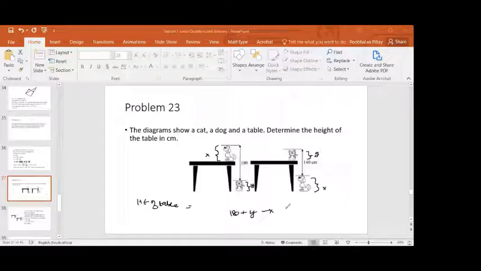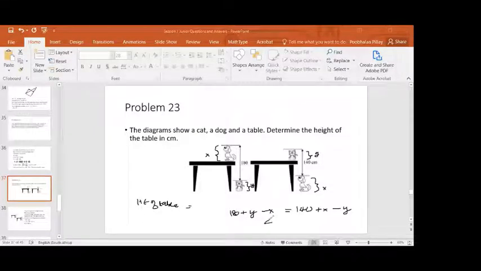So here you got 140 plus X gives you the whole thing, but you have to subtract Y, like that. So this is the height of the table.